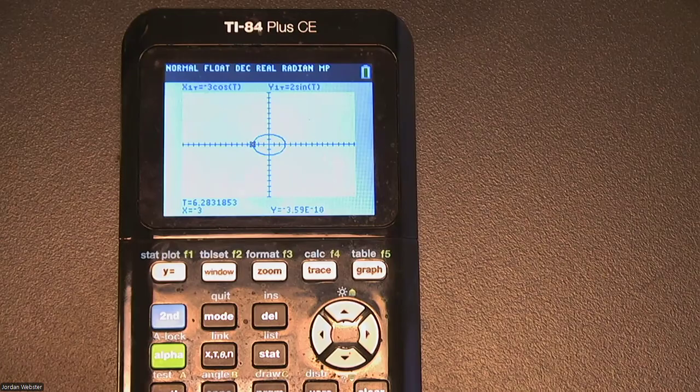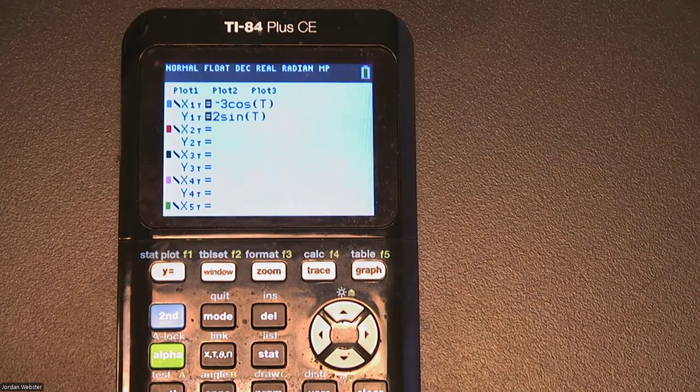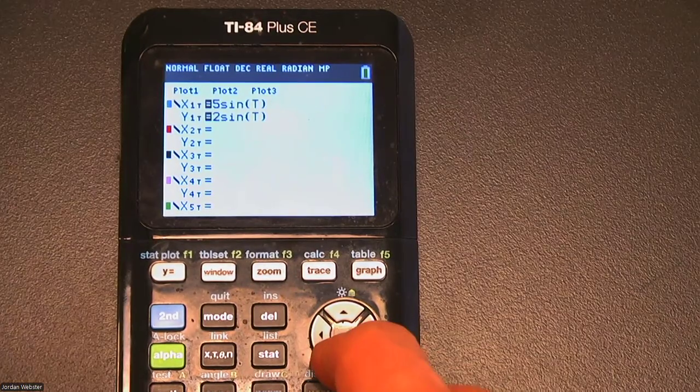Now the next pair of equations is x equals 5 times the sine of t and y equals 7 times the cosine of t.